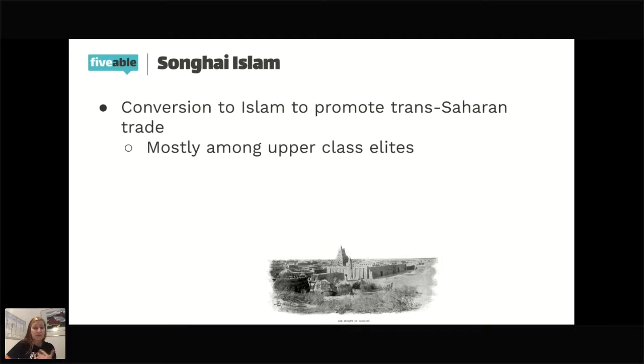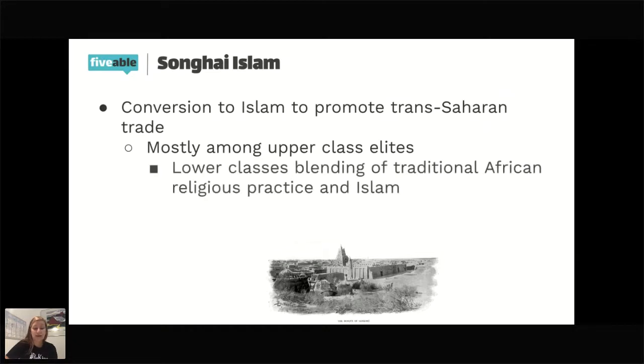But the Songhai government, and those upper class elites who are in these positions of authority, are going to use Islam to promote not just trade into their area, but they're also going to build monumental architecture. They're going to use that wealth from trade in displays of Islamic architecture like mosques.